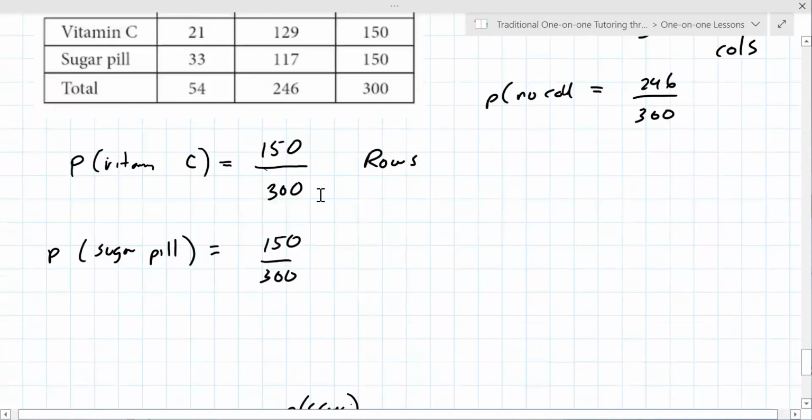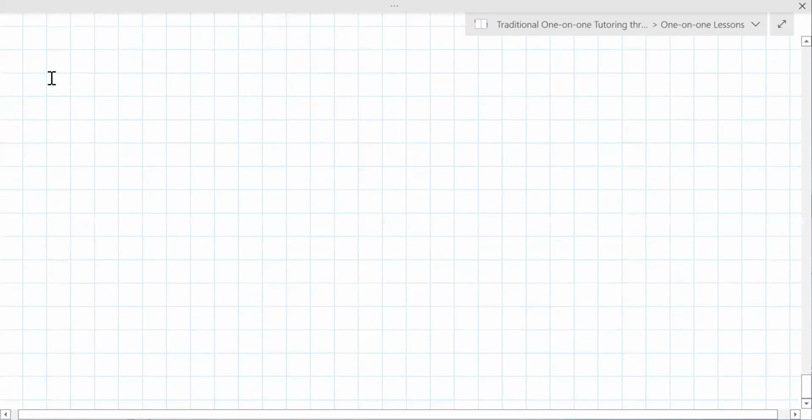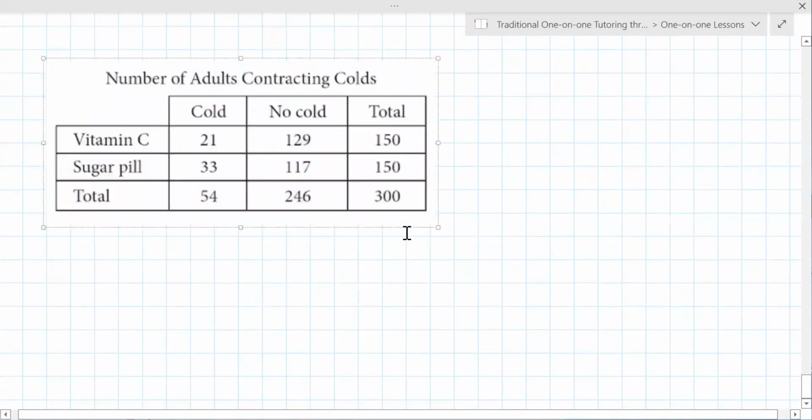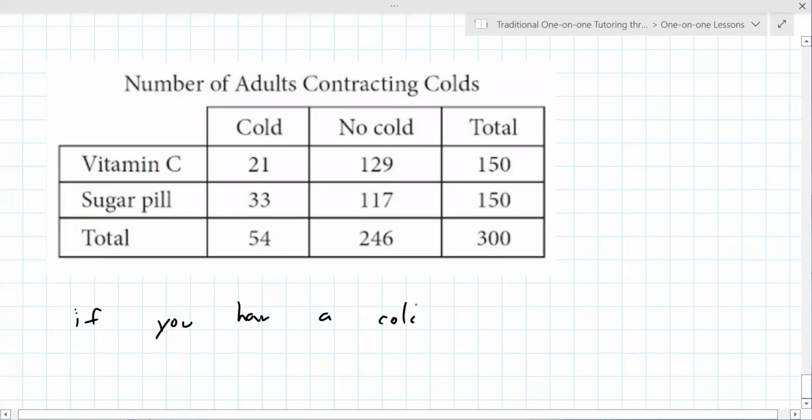And it's just like we just talked about with scoring: how do you do away, and how do you do at home? So we're going to look at that in the context of this same problem one more time and see if we can get this down. It would be written this way. If you have a cold, so what am I reducing this table to now? Having a cold. Just this one.